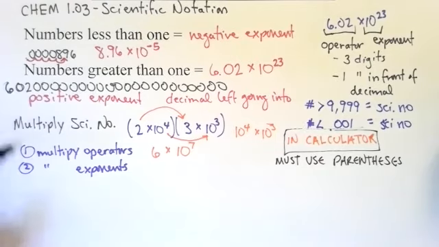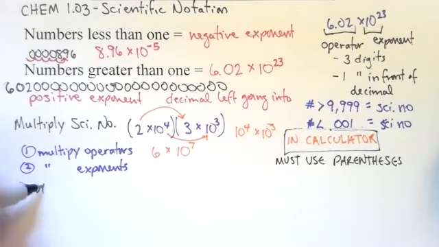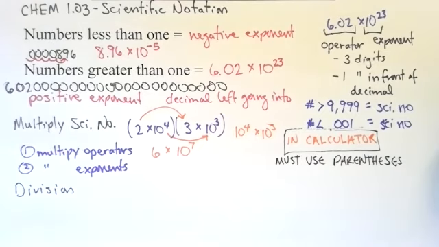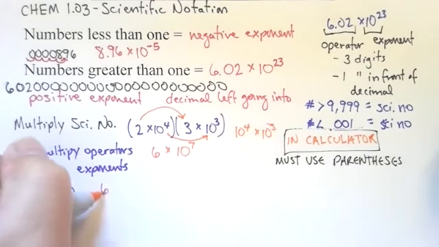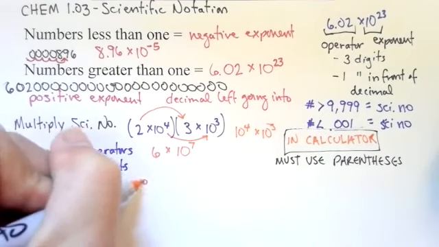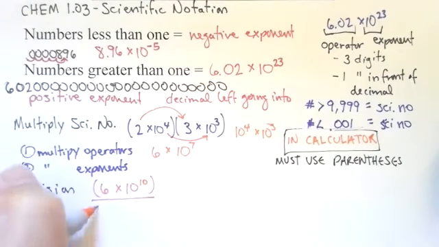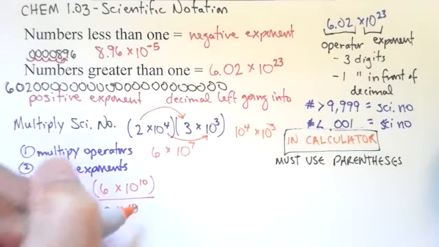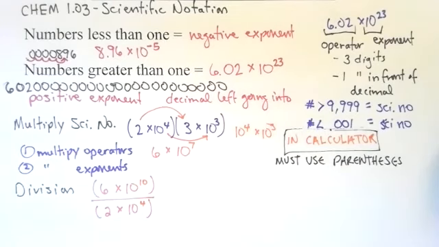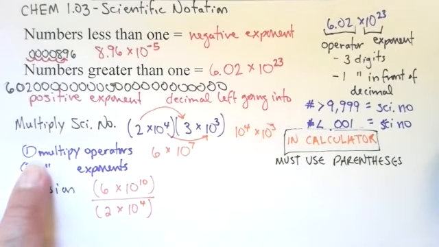So if we're going to do division, we're going to do kind of the same thing. Let's take 6 times 10 to the 10th and divide that by 2 times 10 to the 4th. I'm going to go the same route again, where this time I divide my operators.